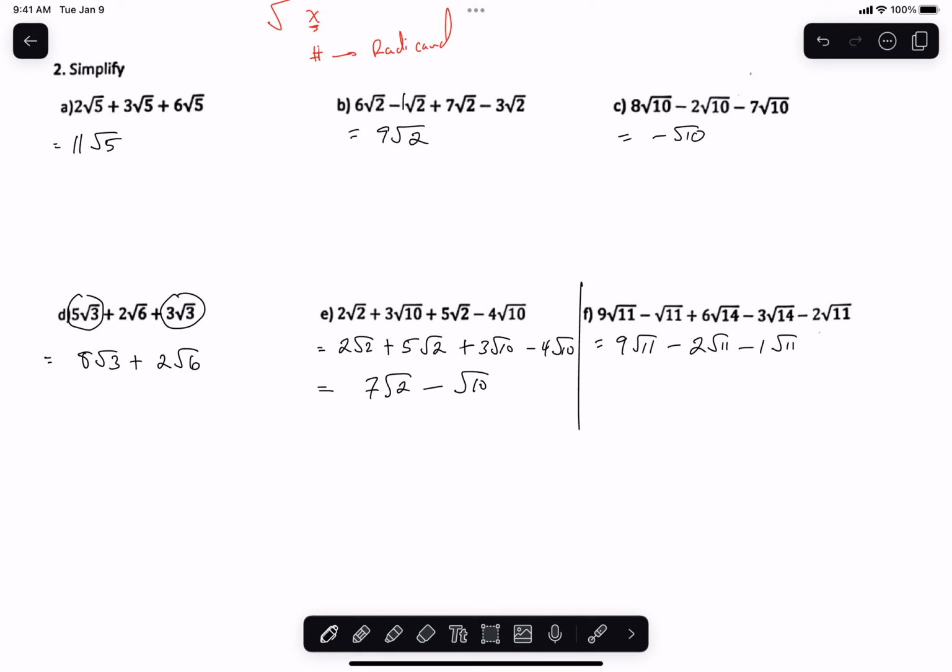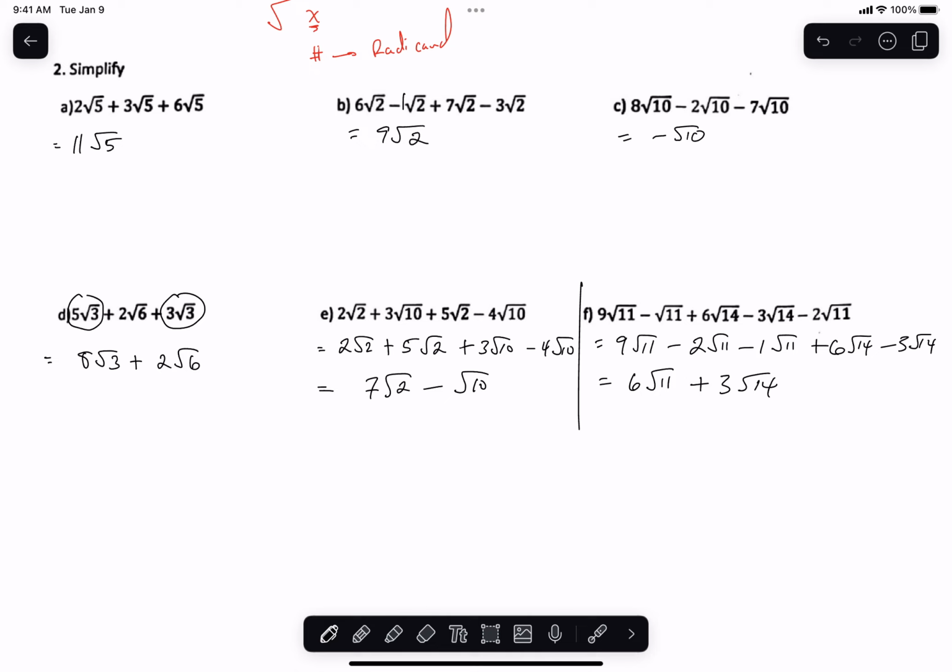And then you can have the root 14s, so plus 6 root 14 minus 3 root 14. You get 9 minus 2 minus 1 is 6 root 11s, and plus 6 minus 3 is going to be 3 root 14.